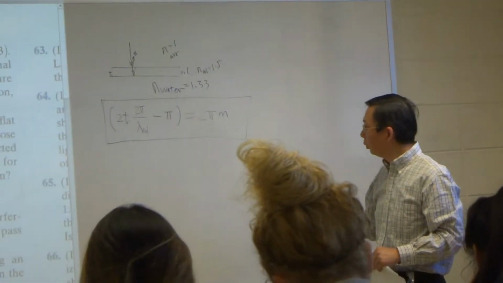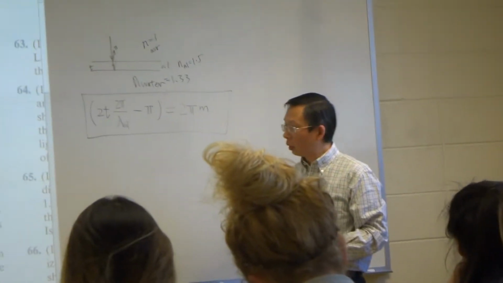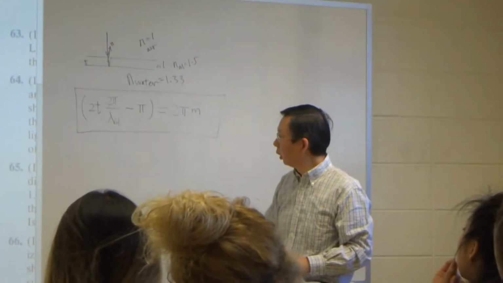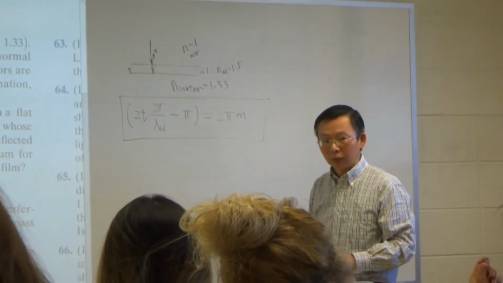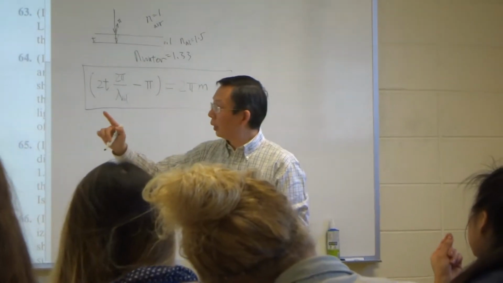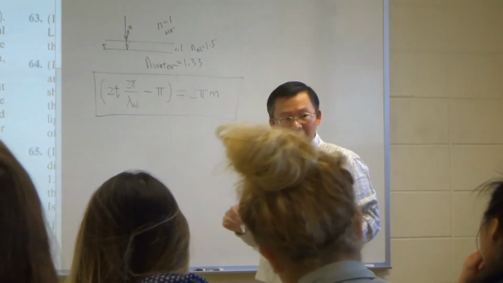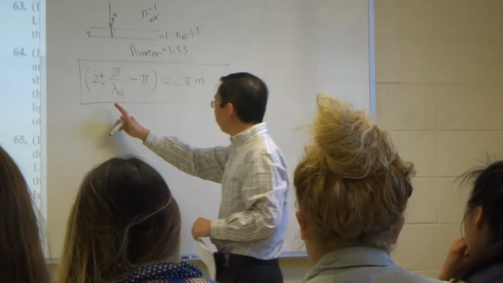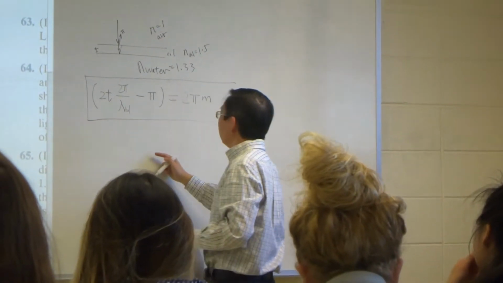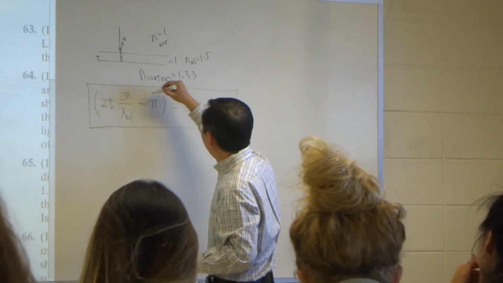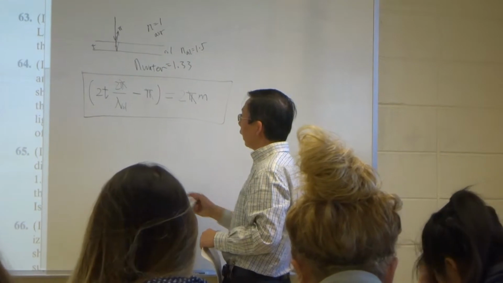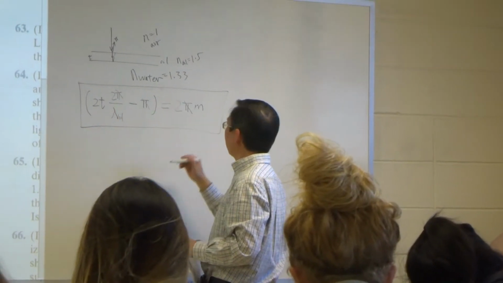Okay, so next you need to solve for t, because the problem tells you we need to solve for t. We have 2 different lights, red light and violet, with 2 different lambda. We just solve for t first. It's not very difficult. You can cancel the pi first, then move this term to this side.